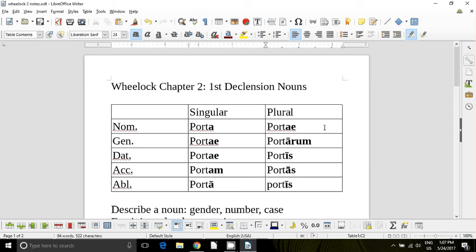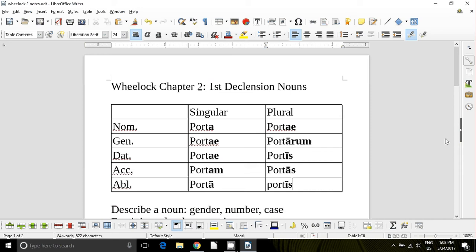Nominative plural, portae. Genitive plural, portarum. Dative plural, portis. Accusative plural, portas. And ablative plural, portis. So just the endings: a, ae, ae, am, a, ae, arum, is, as, is.